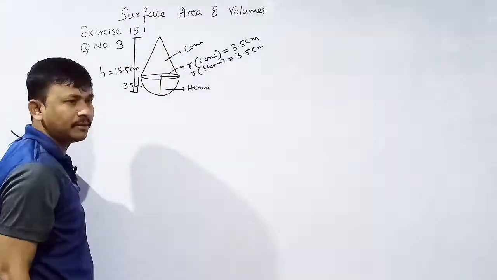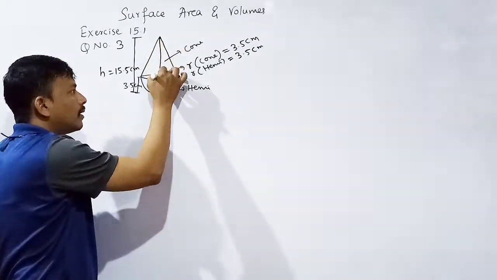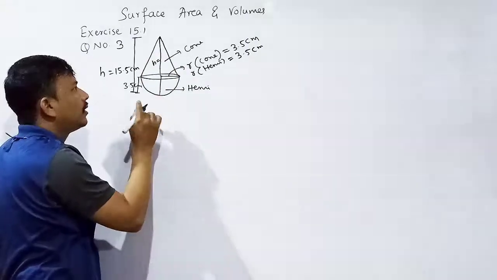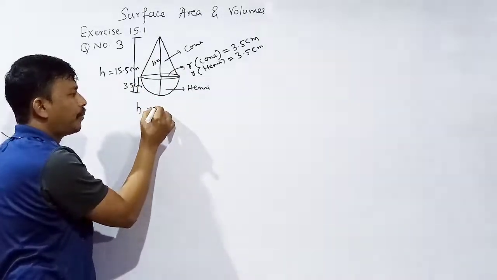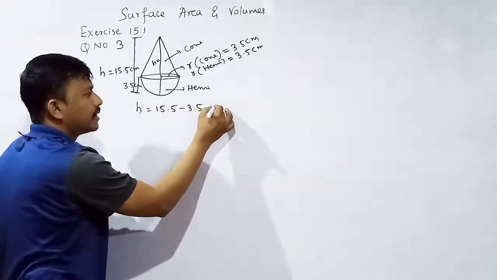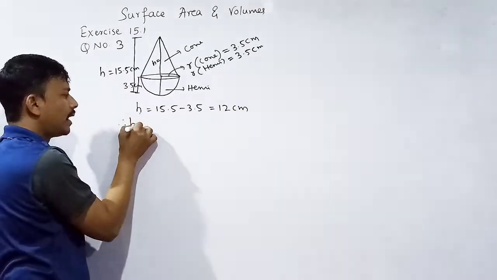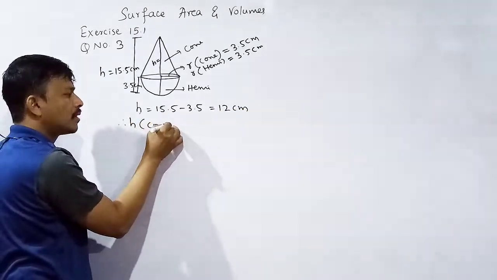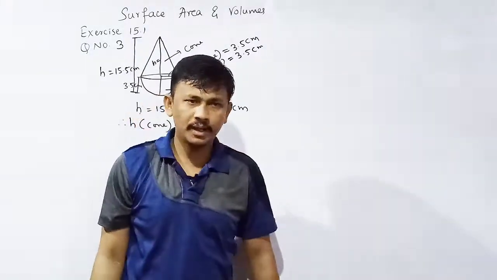The height of the cone, correct? Height of the cone h is equal to 15.5 minus 3.5, which is equal to 12 centimeter. Therefore, height of cone is equal to 12 centimeter, correct?